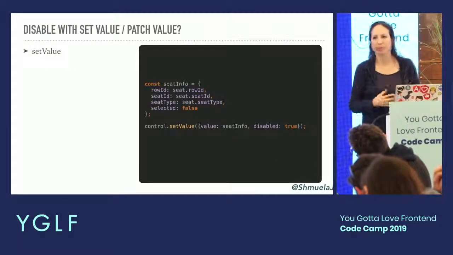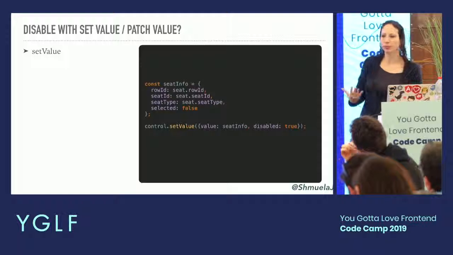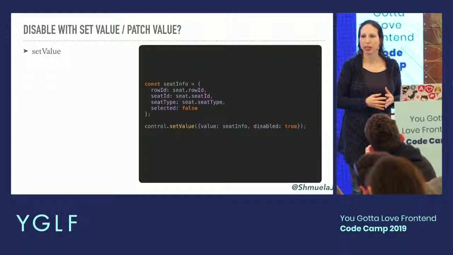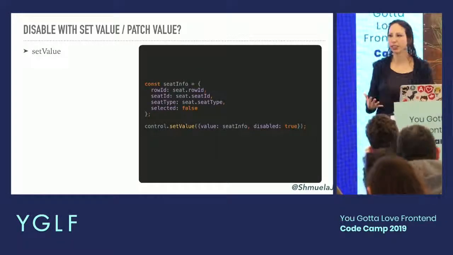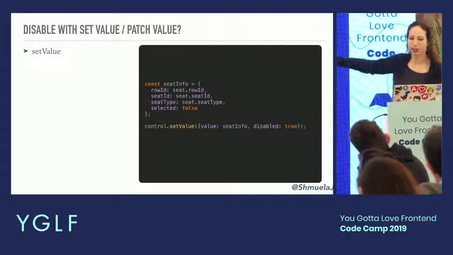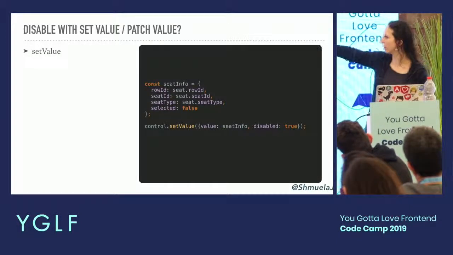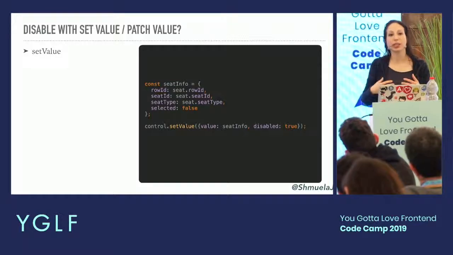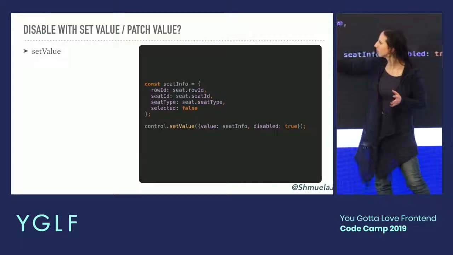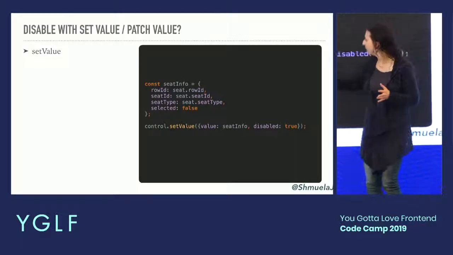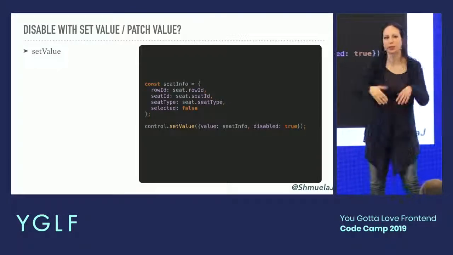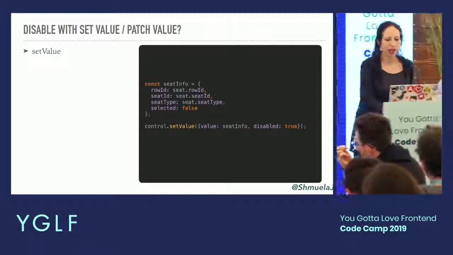So maybe you'll ask me, what about setting a value or patching a value? Will that help us with disabling the seats? Can we do something like that if we have the seat information, where we want to disable something when passing the value?